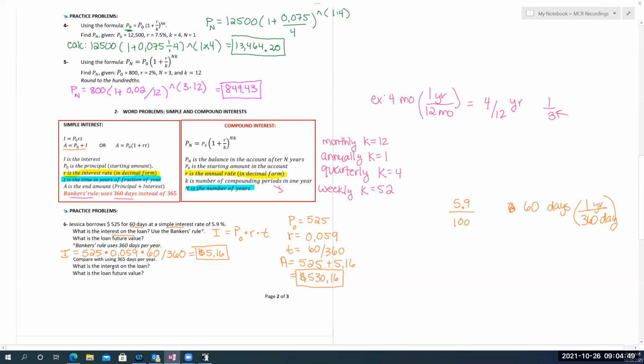For the second one now, it says compare it using 365 days. So all that's going to change is our T. Our T is now going to be 60 out of 365 instead of out of 360. So I is going to be 525 times 0.059 times 60 out of 365.